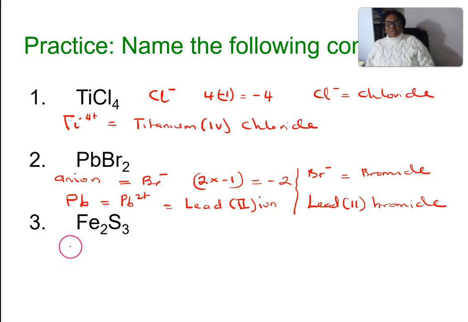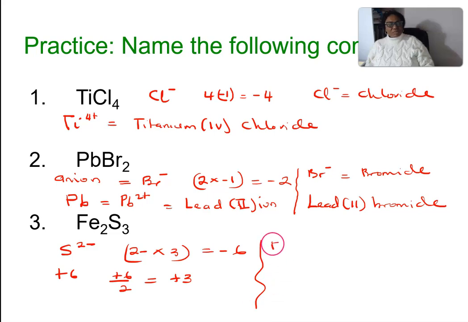So this one is S2 minus. So minus 2 times 3 equals minus 6. Positive charge is plus 6. So plus 6 divided by 2 is plus 3.